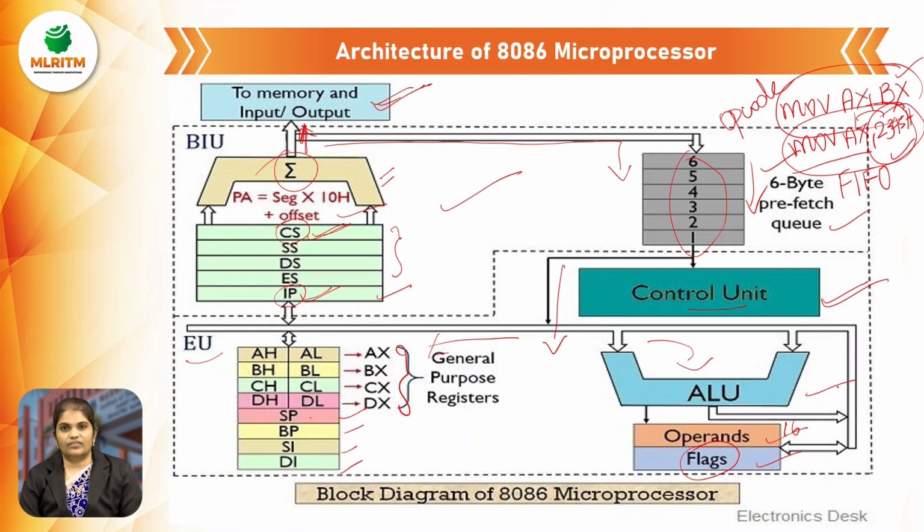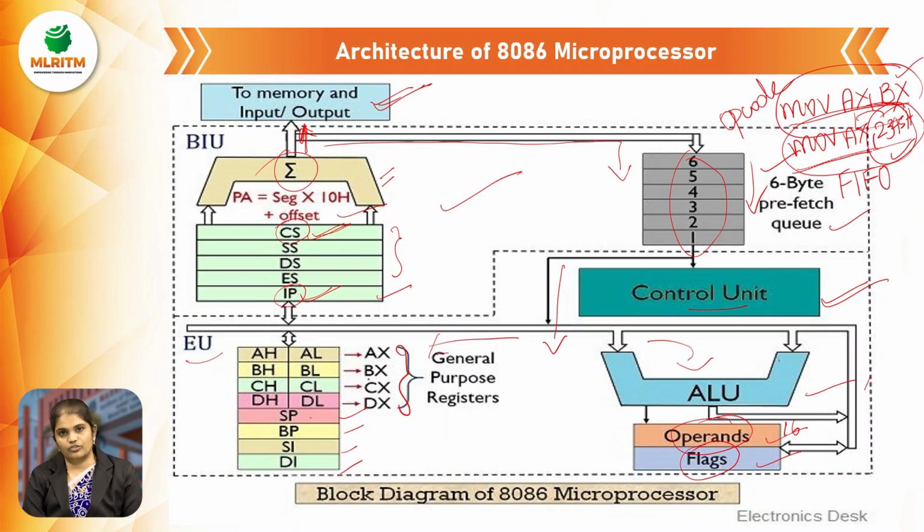If the instruction is completely defined like this, the sequence is called an opcode. If the instruction has user-defined data, part of it will be called an opcode, and the remaining user-defined part will be called an operand. That data is stored in this operand register and moved into the ALU again, and the execution happens here according to the instruction.